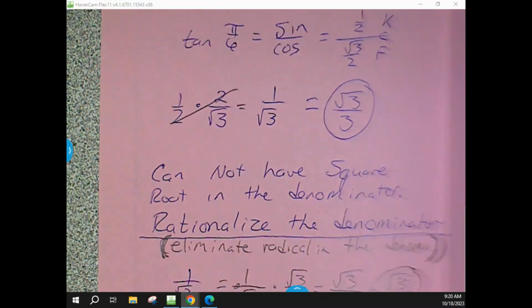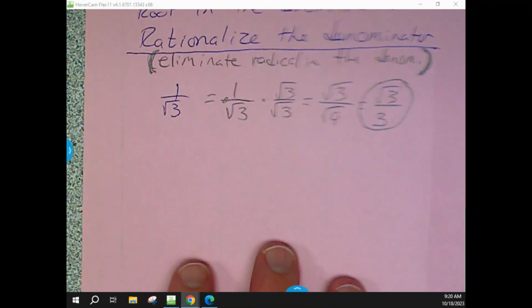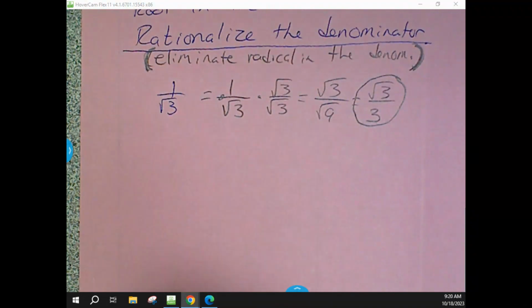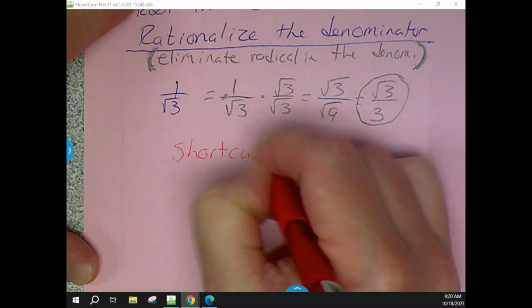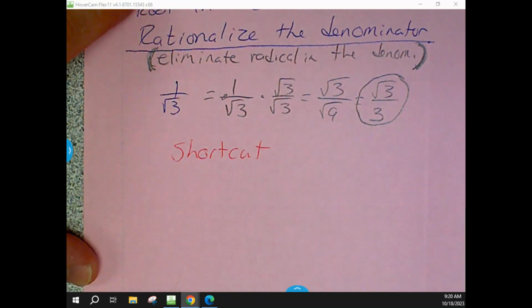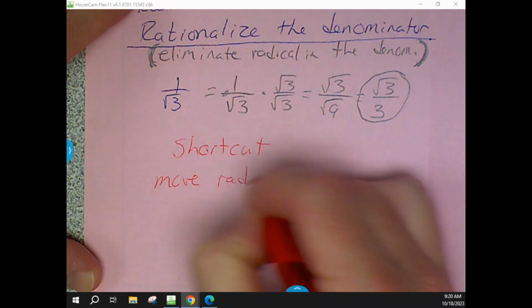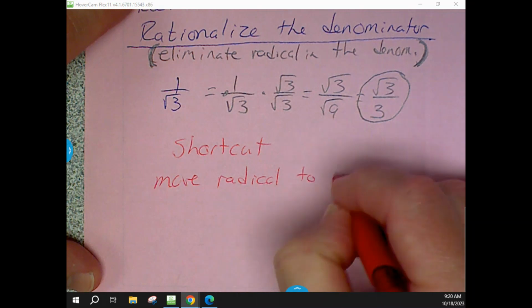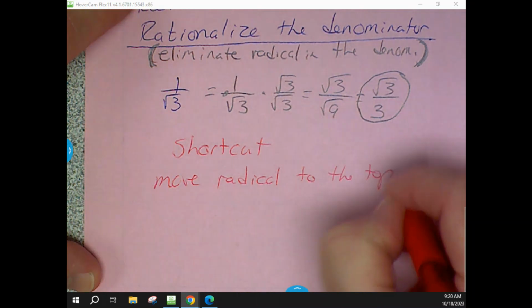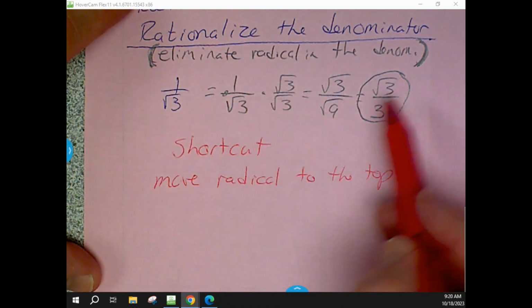Okay, now, y'all ready for the shortcut? So for the shortcut on this one, you're going to move the radical to the top. So this square root of 3 that we had that was here, we move the radical to the top.